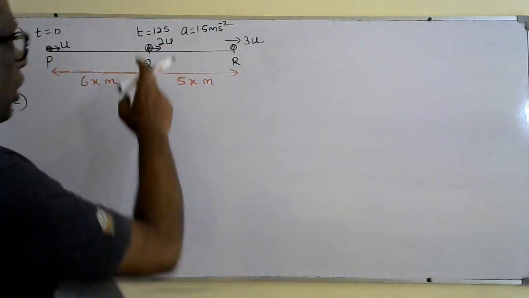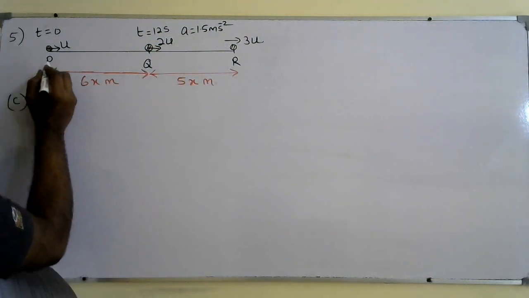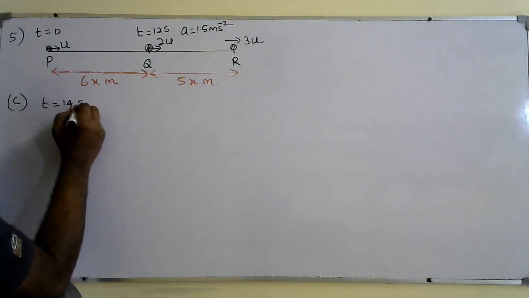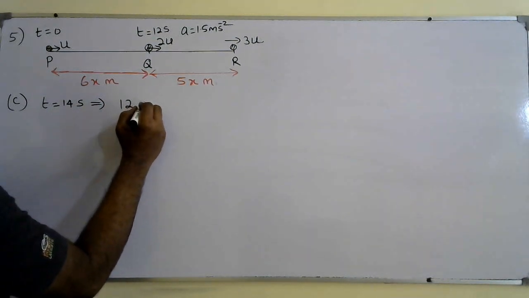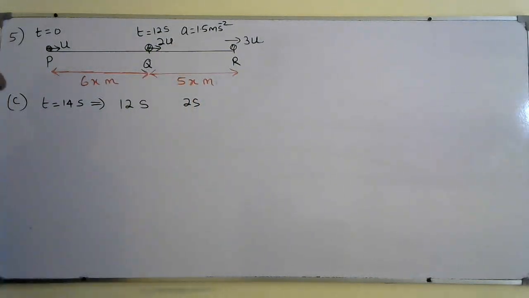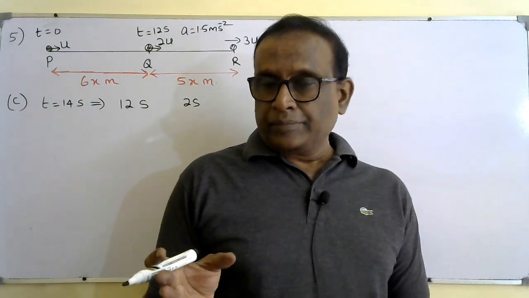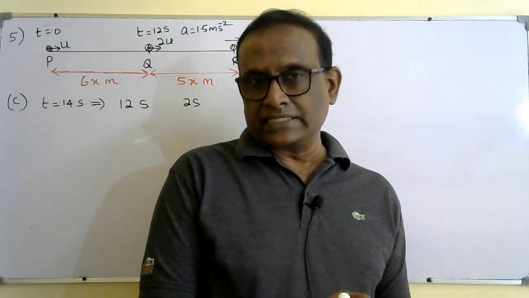Then beyond it, the acceleration is 1.5. So during the first 14 seconds after passing P, we must consider 12 seconds with a particular acceleration, then the next 2 seconds at 1.5 meters per second squared.